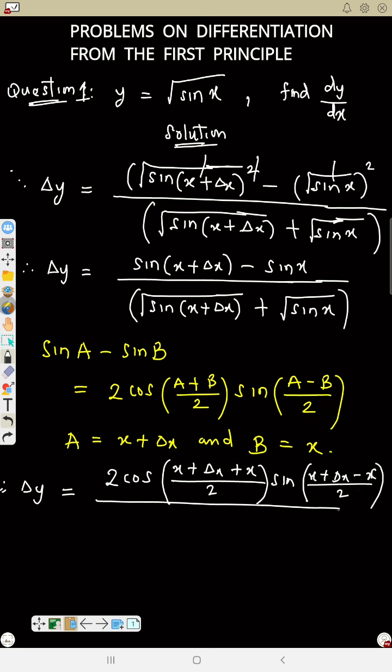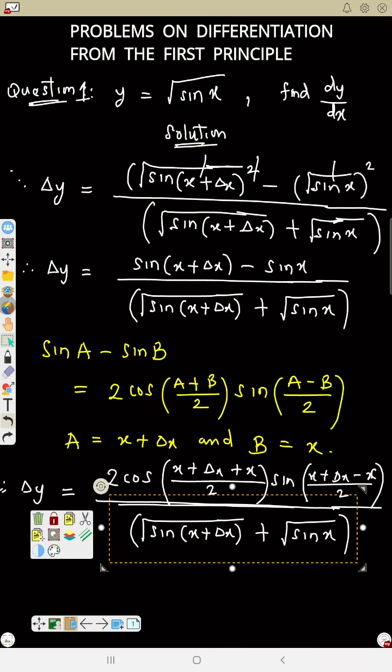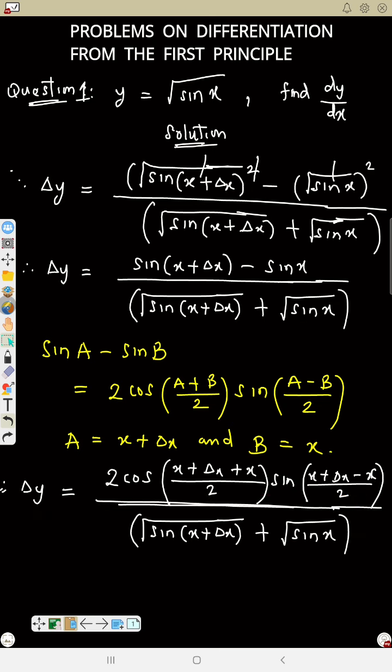Then everything divided by square root of sine x plus delta x plus square root of sine x, as shown here. Now look at the above one. We can see that x plus x is 2x.